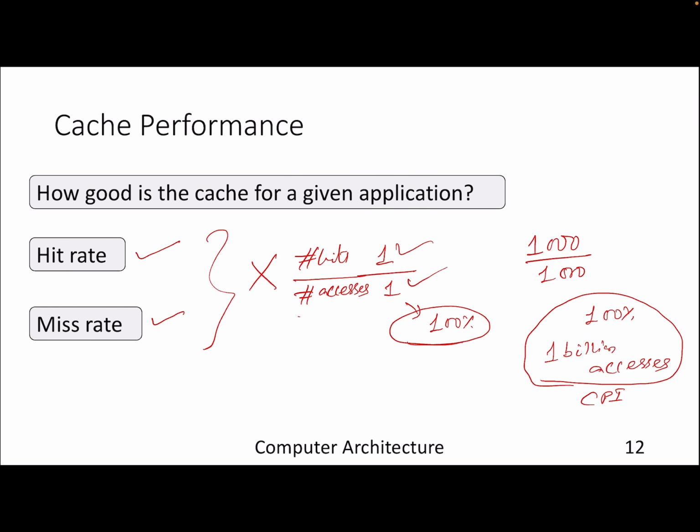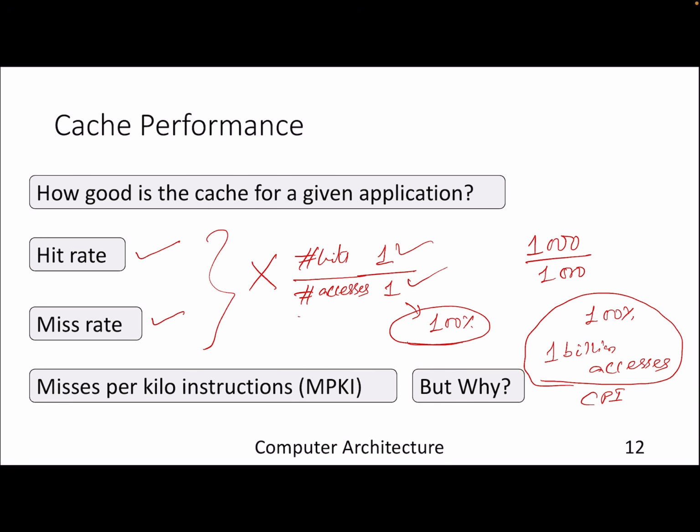So instead of looking at hit rate and miss rate, usually the community uses a metric called misses per kilo instructions, which means if you are running an out of order superscalar processor, out of every 1000 instructions, how many misses are you getting at a particular cache. Okay, so this is a more reasonable approach when comparing the performance of caches.